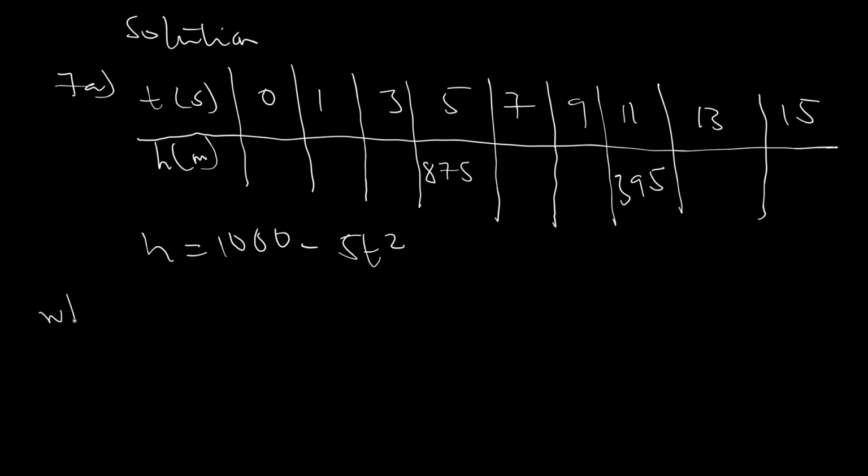So when t is equal to 0, h is equal to 1,000 minus 5 into bracket 0 squared, which is equal to 1,000.